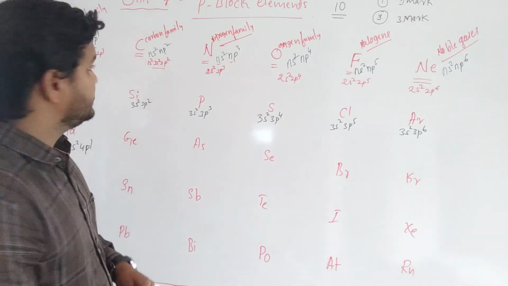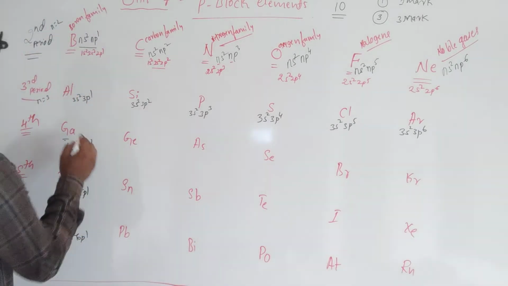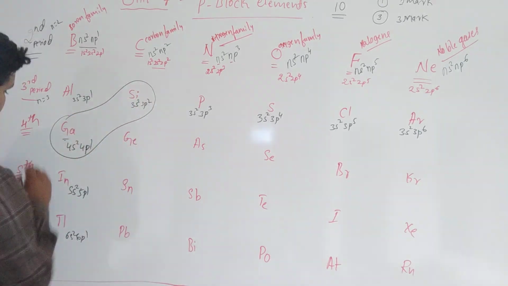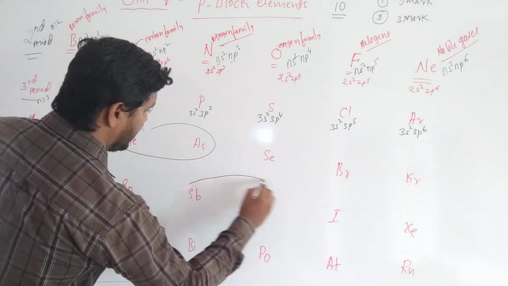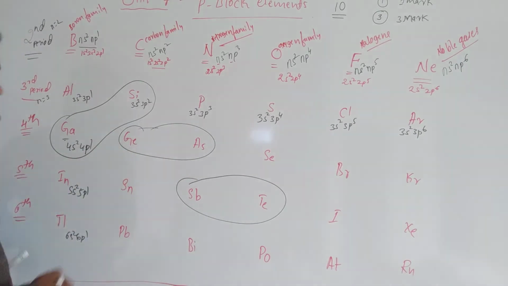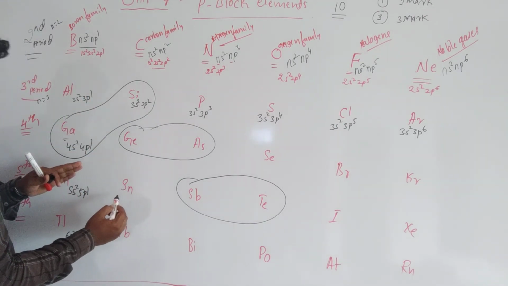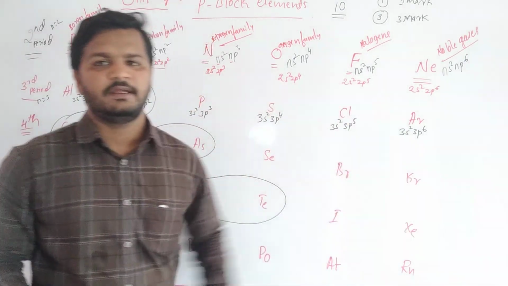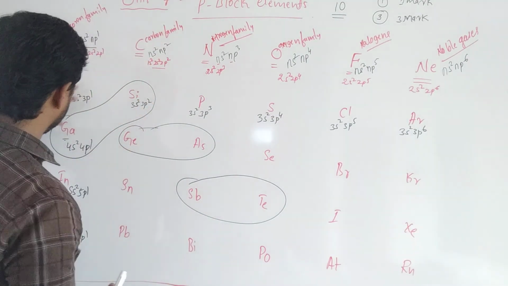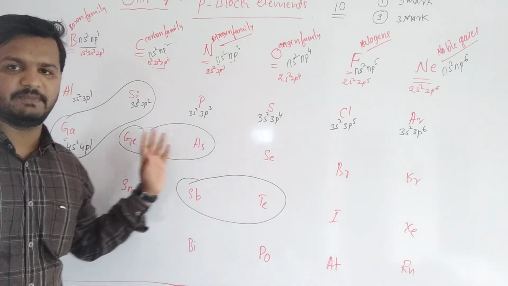And students, one more thing: these p block elements contain metals, non-metals, and metalloids. Gallium, silicon, germanium, arsenic, antimony, and tellurium are the metalloids. Remaining boron, aluminium, indium, gallium, tin, lead, and bismuth are metals, and the remaining are all non-metals. So these six elements are metalloids.